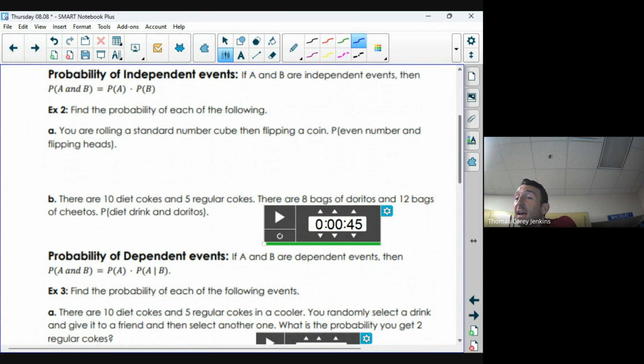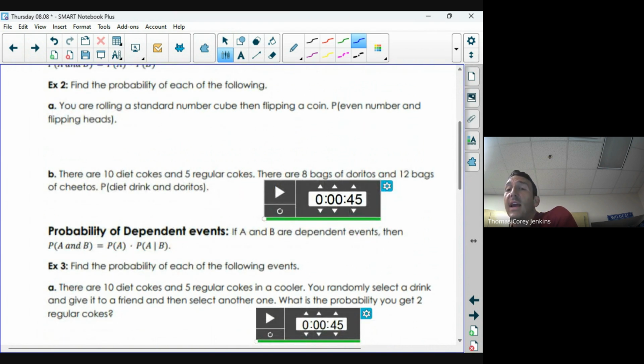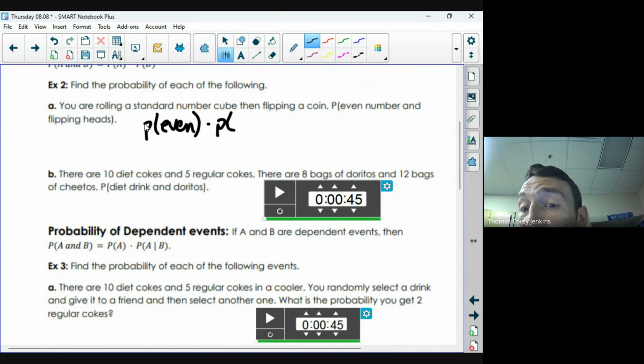A, you are rolling a dice and then flipping a coin. So what's the probability that we get an even number and a heads? So we want the probability of even on the first thing times the probability of heads on the second thing. These are independent because they're different things.